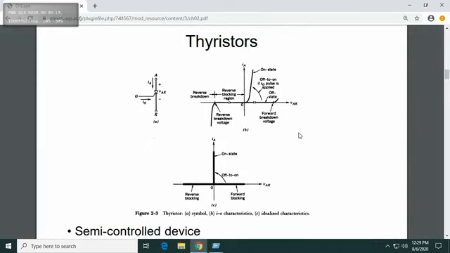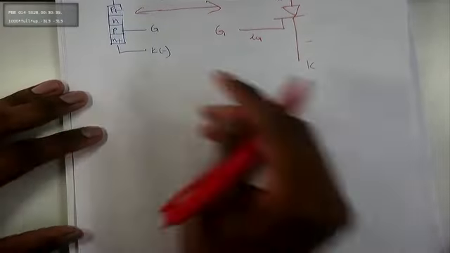So now we understand the characteristics. What else can I tell you? You know the symbol now, you know the characteristic. Only control for turn off. Something to note down, let's note it down. Putting it in red so you remember.